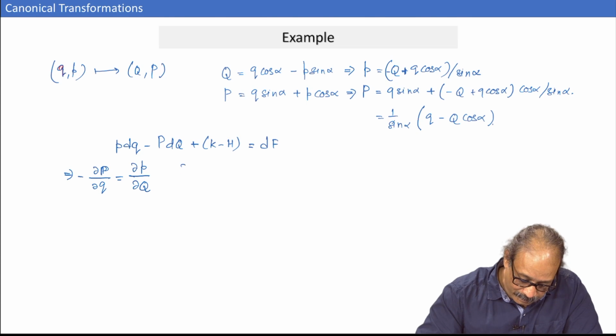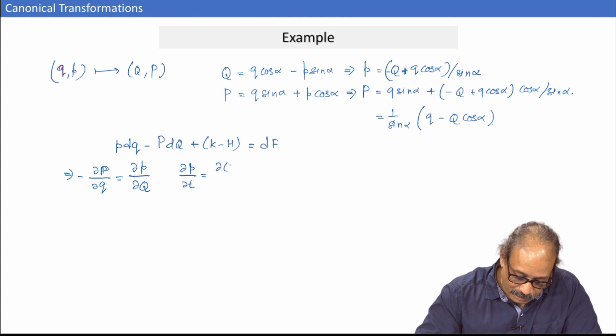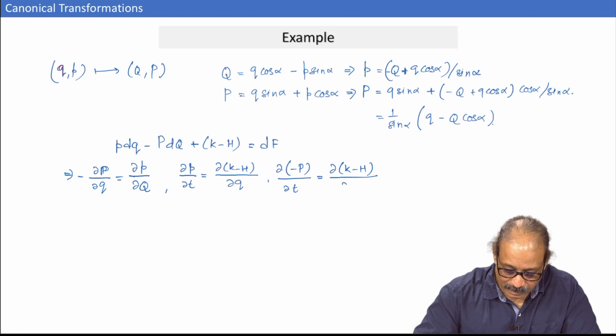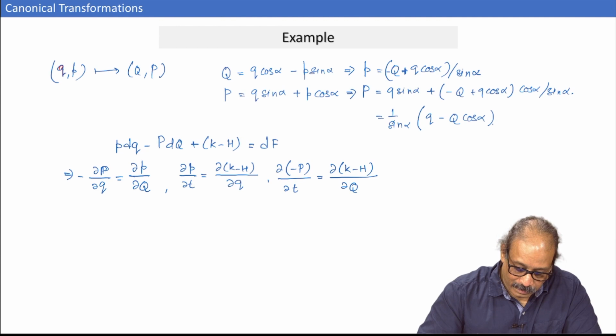The other condition would be del p by del t, remember this is small p, must be equal to del of (K minus H) by del q. And the third condition would be del of minus P with respect to t also must be equal to the partial derivative of (K minus H) with respect to capital Q.